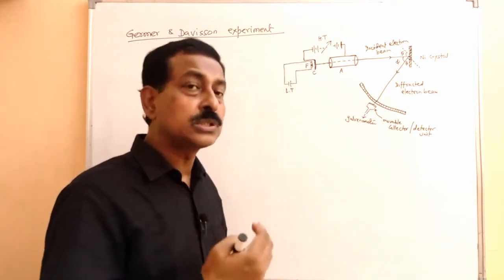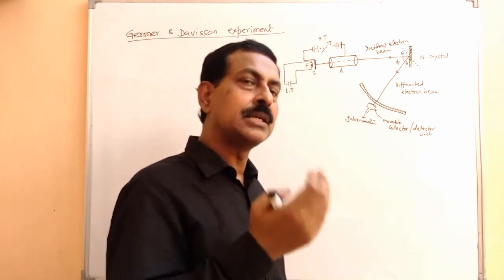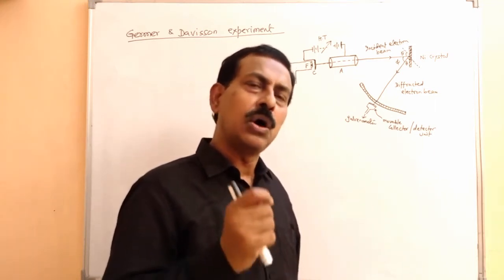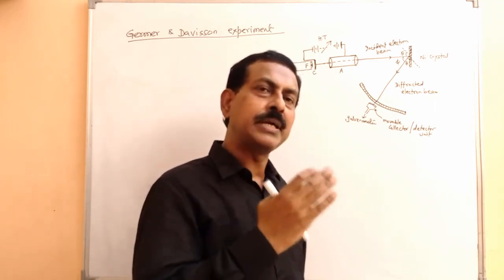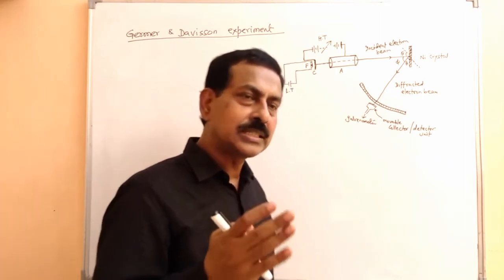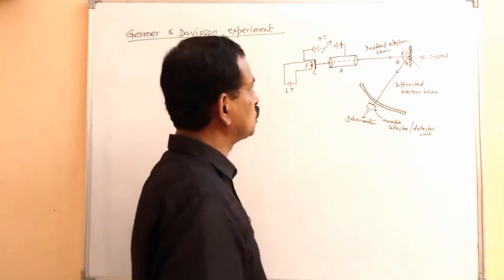And of course, if they found that there is a wave associated, that would also prove the de Broglie hypothesis, or supplement it, and say that it is true. So let's see the experimental setup of this Davisson and Germer experiment.